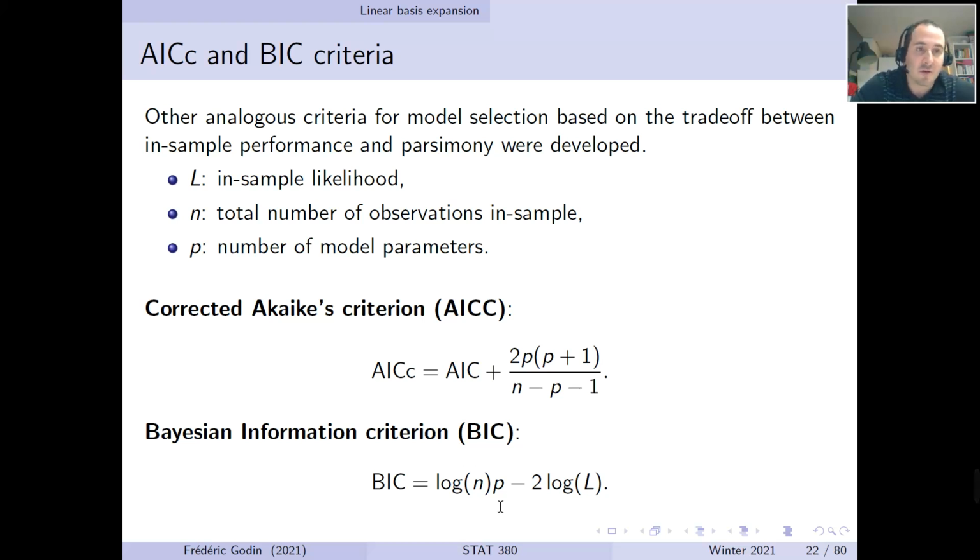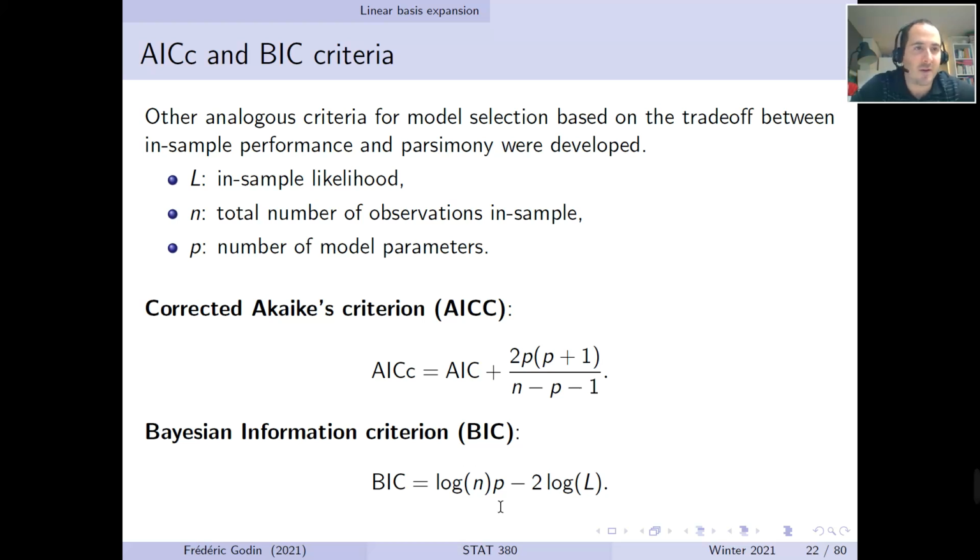So if you use a different criterion, you might get a different retained model. My personal opinion is it's somewhat subjective which one to use. It's good to try one or maybe a few of them and see if you always get the same model. If all criteria give you the same model and say this is the best one, then you have high confidence that you can proceed with it.